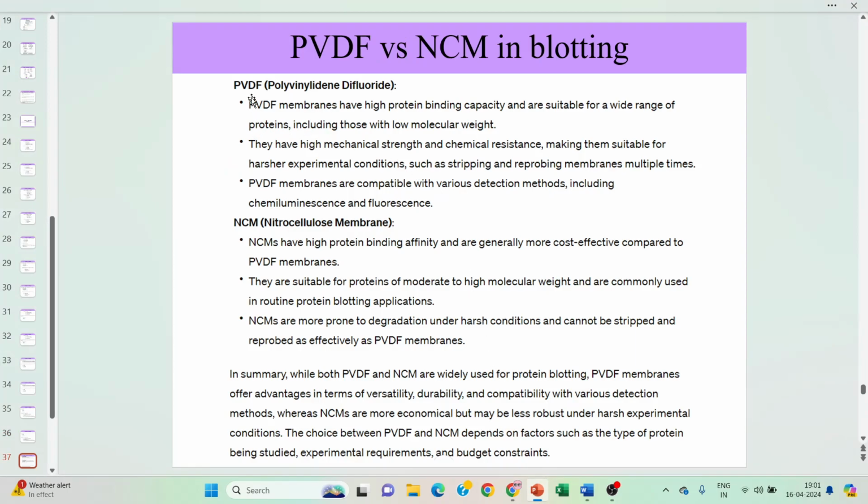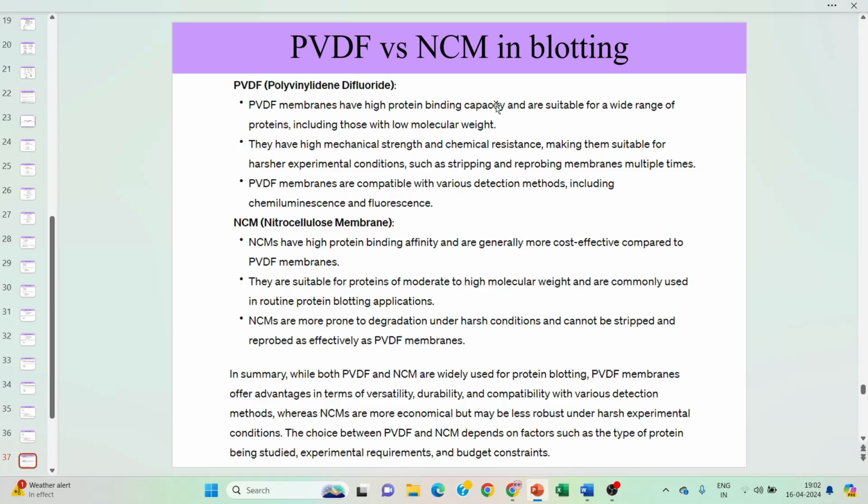Now we will look at the difference between PVDF and NCM. Okay, so PVDF has very high protein binding capacity and is useful for proteins of varied molecular weight, including the ones with low molecular weight. They have high mechanical strength and chemical resistance, and therefore stripping and reusing is possible using PVDF membranes. PVDF membranes are compatible with various detection methods, including chemiluminescence and fluorescence.